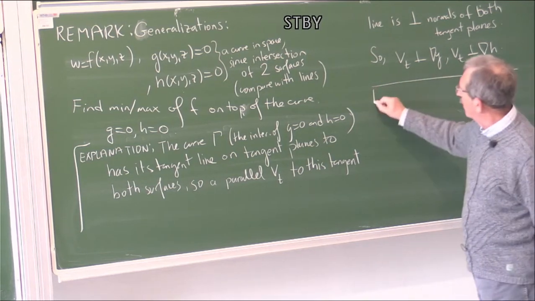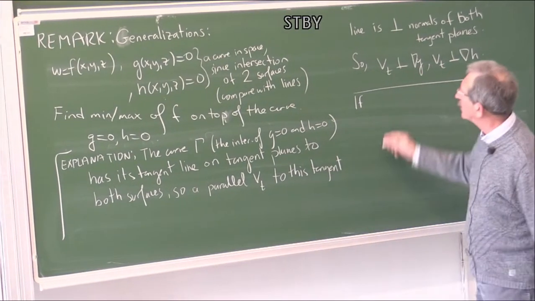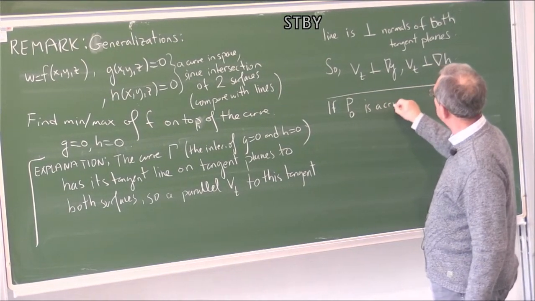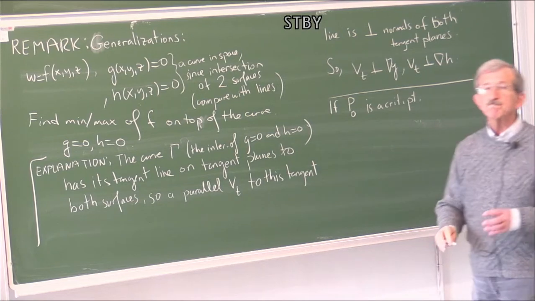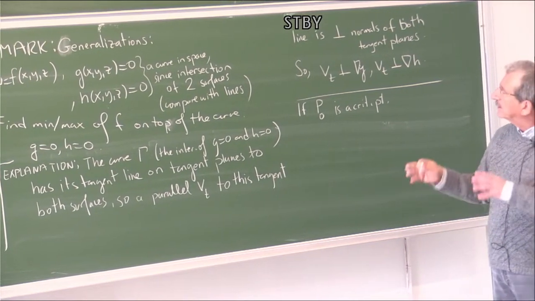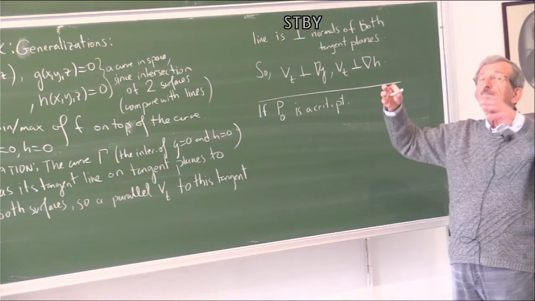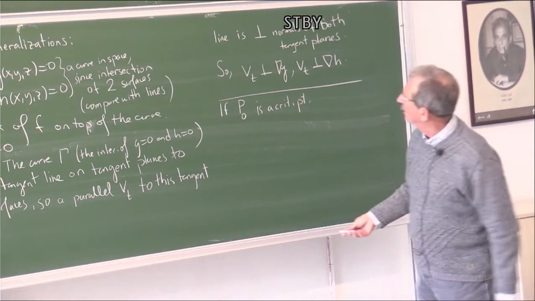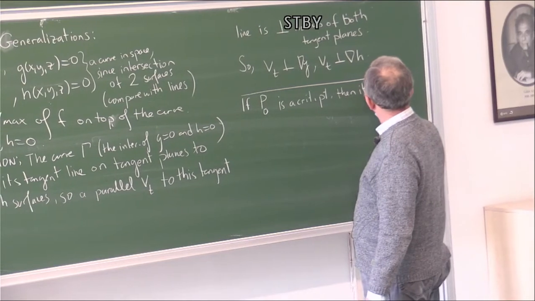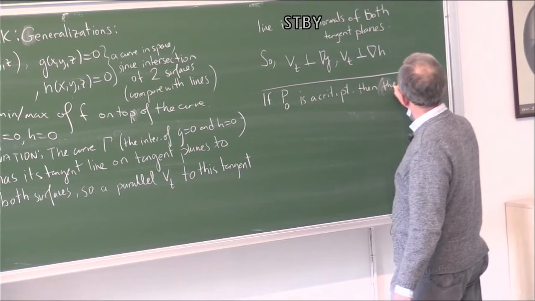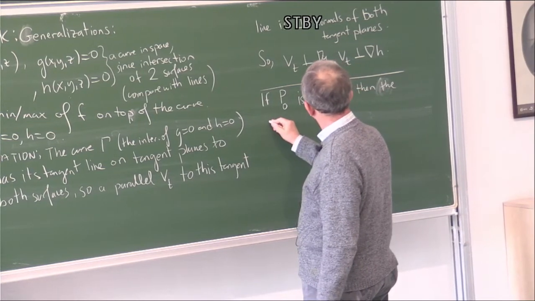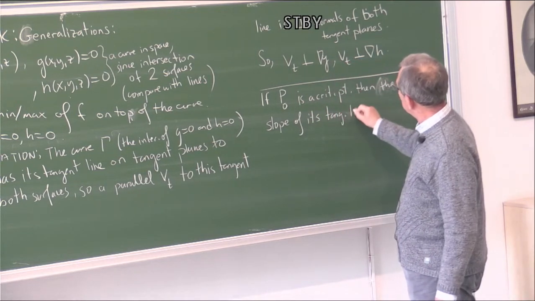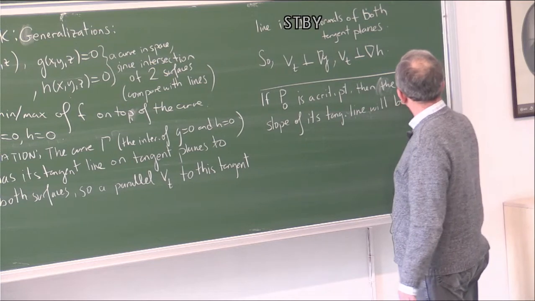Now, if we are at a critical point, let me say P0 is a critical point on top of this curve, then the slope of its tangent line will be 0.